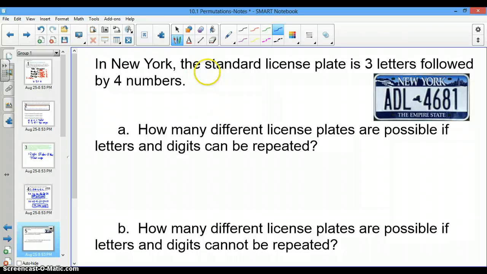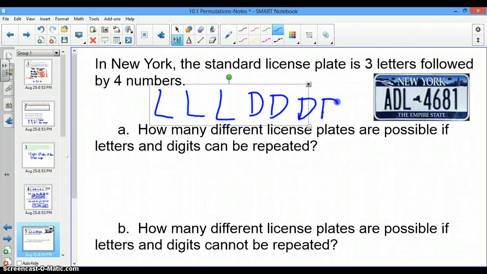So in New York, the standard license plate is 3 letters followed by 4 numbers. So letter, letter, letter, and then 4 numbers. So I'm going to use D for digit. How many different license plates are possible if letters and digits can be repeated? So we can use the same number for each time.